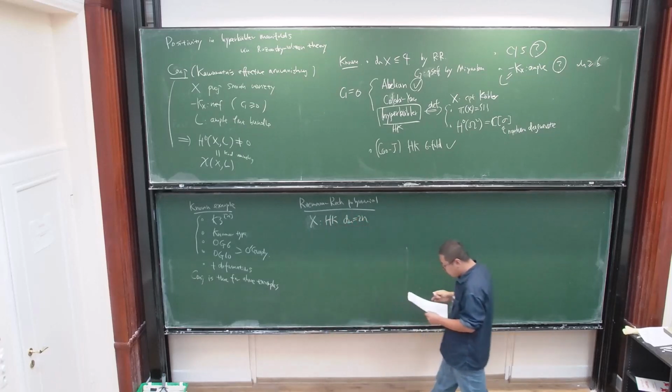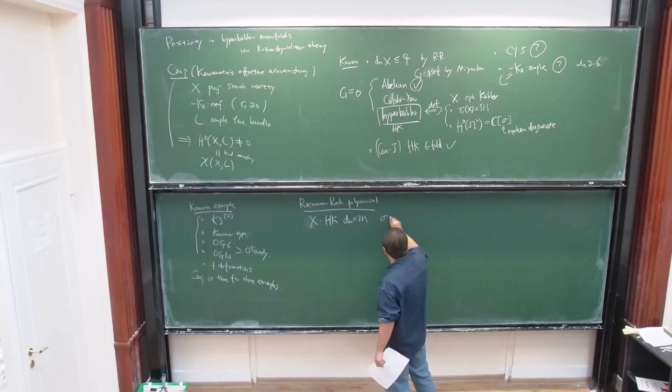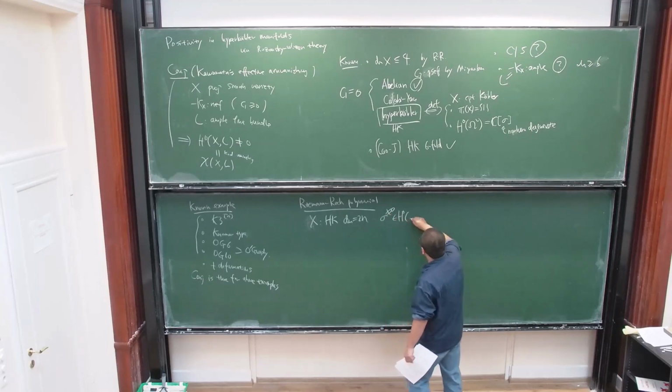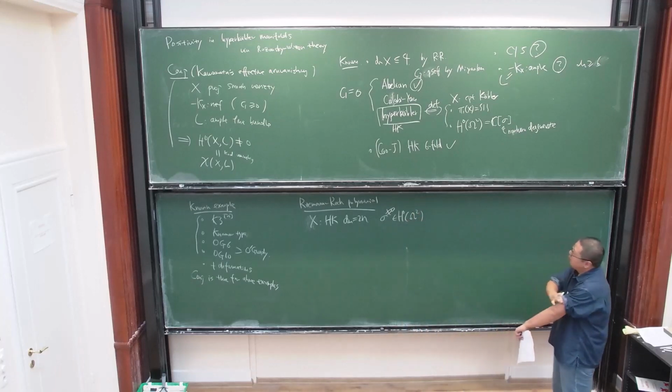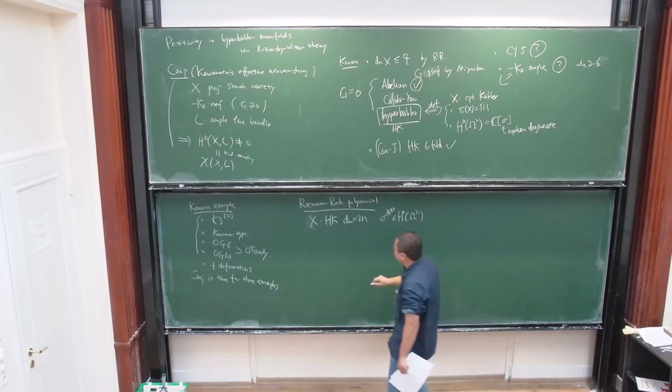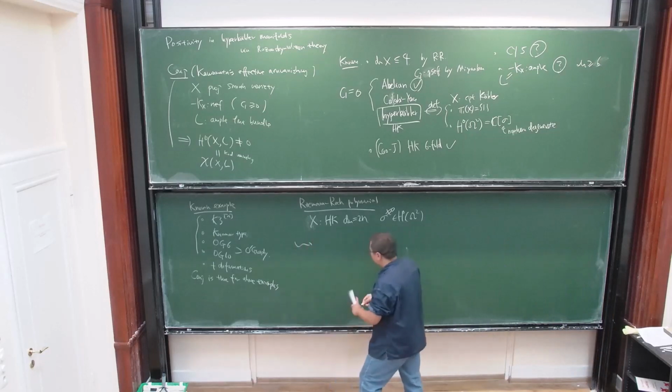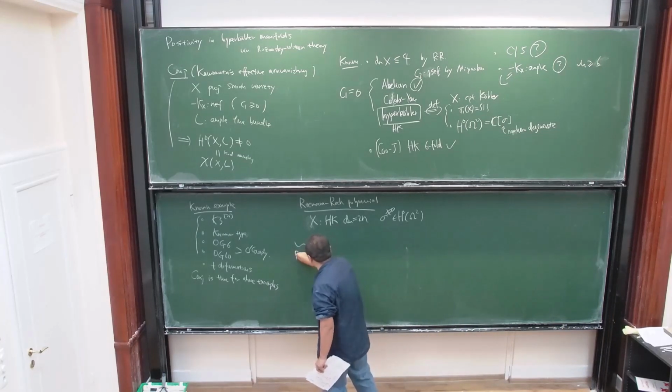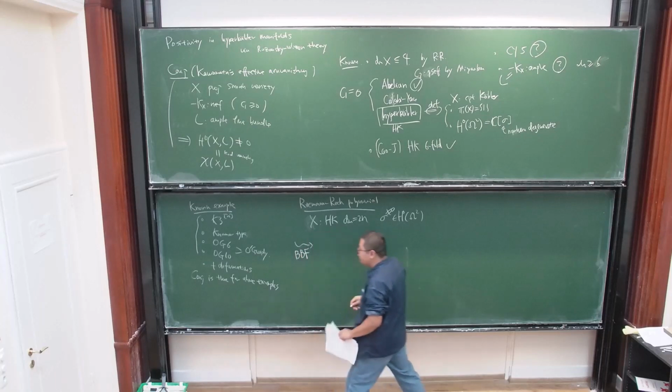So it's always even, and we fix the generator of the two form, and then we conclude. This is the Bogomolov-Fujiki form.